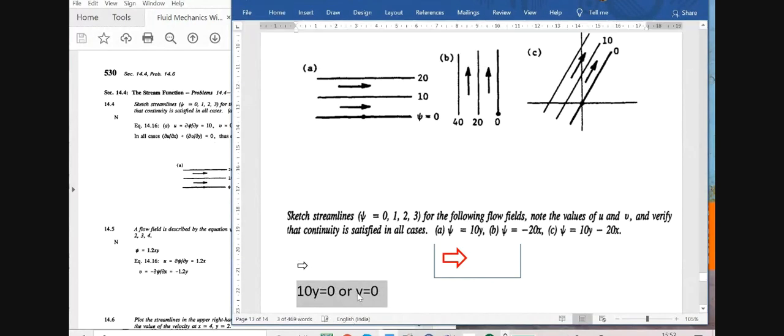So y is equal to 0 means it is a horizontal line.